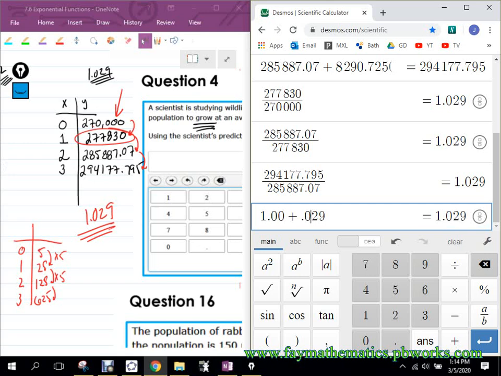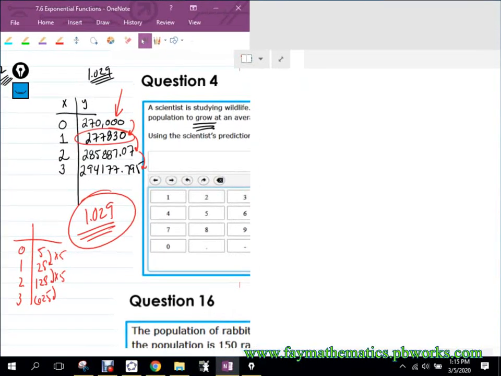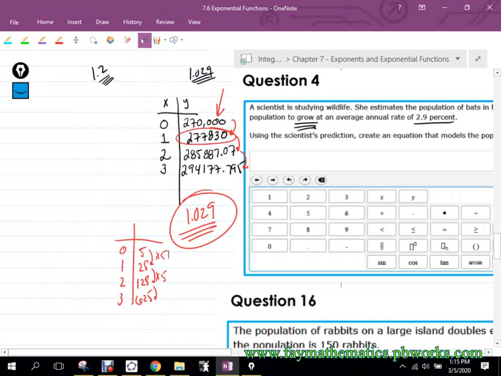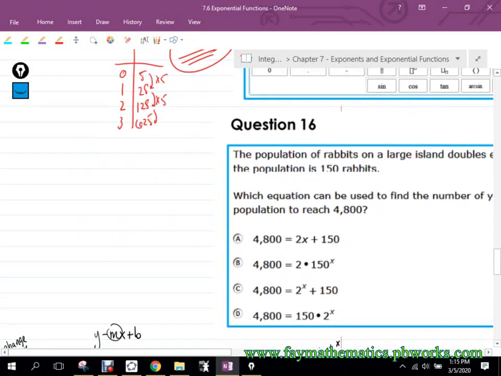If I add those together, it's my common ratio. That makes sense? Okay, so that's the B value. So I'm going to write the equation. We know it's exponential because of the common ratio. We're going to go y equals A times B to the x. We now know B is 1.029.